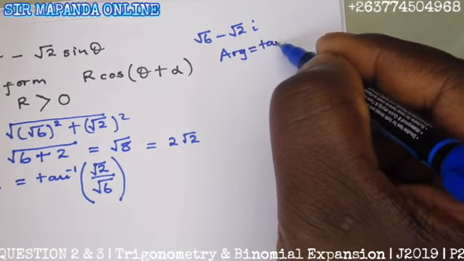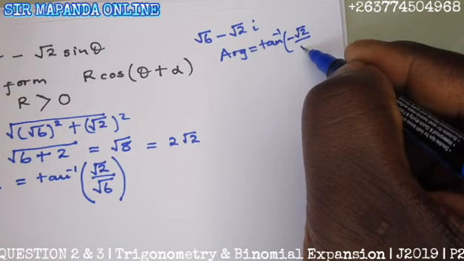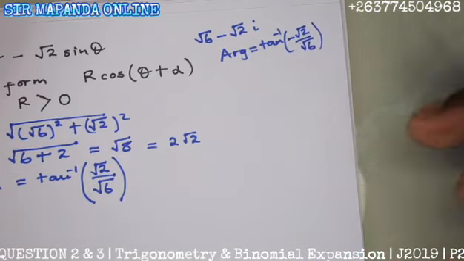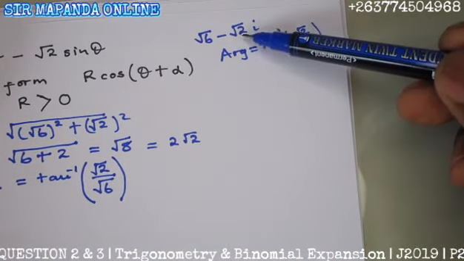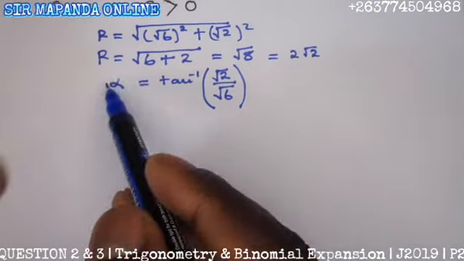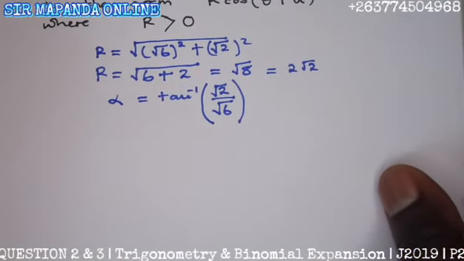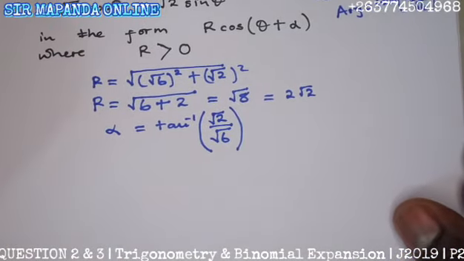You say arctan of minus root 2 divided by root 6, meaning to say for complex numbers, you take this root 2 with its negative. But for trig, to find alpha, you take root 2, but you ignore the negative sign in between. I hope you are following, class.